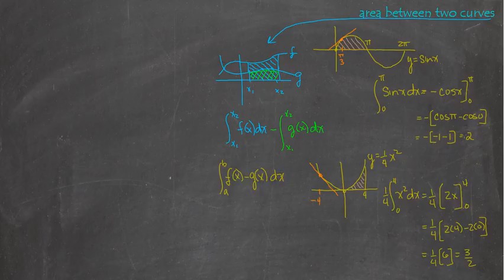So that looks like a good place to start with an example. We want to find the area of a region that is bounded, and I'm going to sketch it real quick.